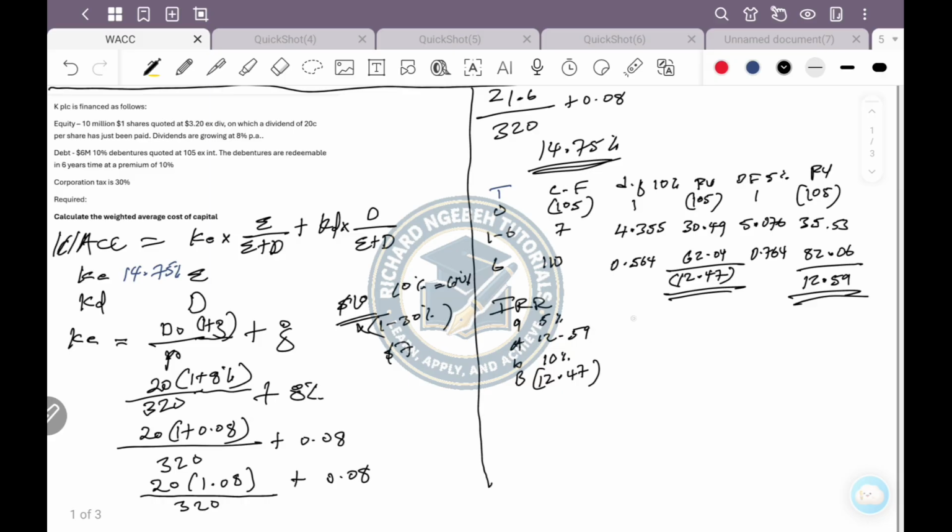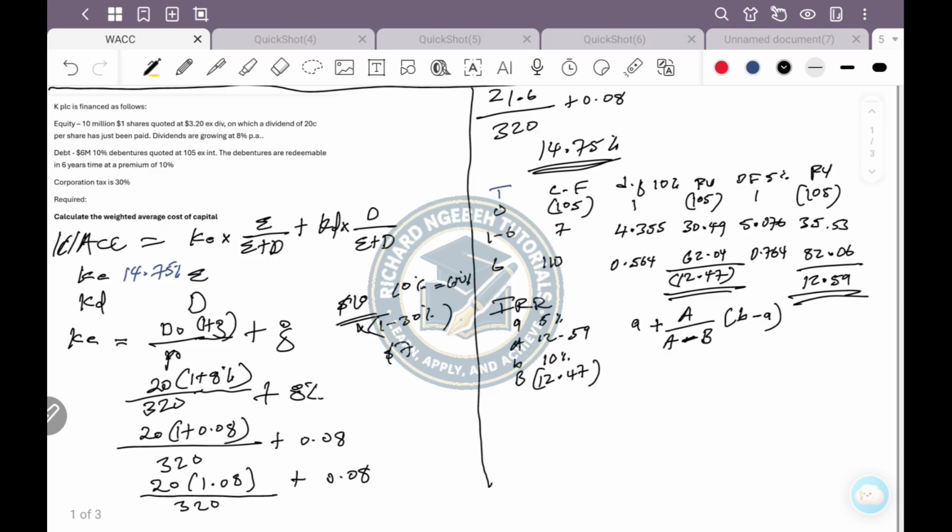So now to IRR, you have the lower rate, A, plus the net present value of the lower rate, A, divided by, in bracket, the net present value of the lower rate minus the net present value of the higher rate, all multiplied by B minus A. B is the higher rate, and A is the lower rate.